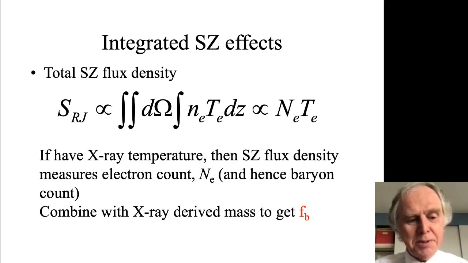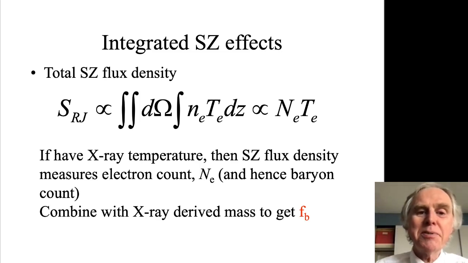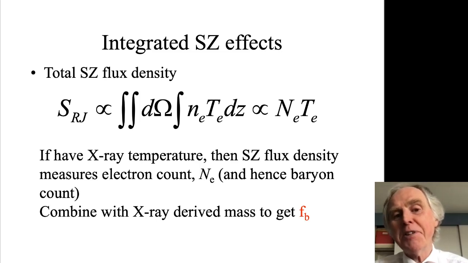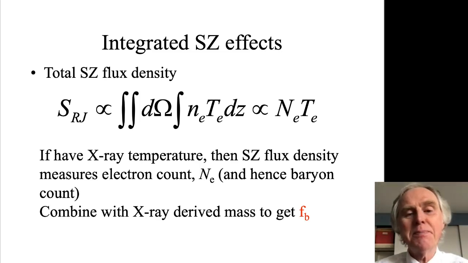Now, the X-ray data also gives us a very good measure of the total cluster mass. So by comparing the SZ effect to a mass derived from X-rays, we can measure the fraction of the contents of a cluster that are in baryons.